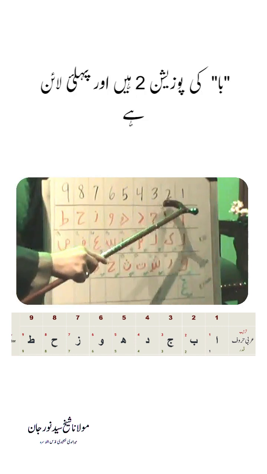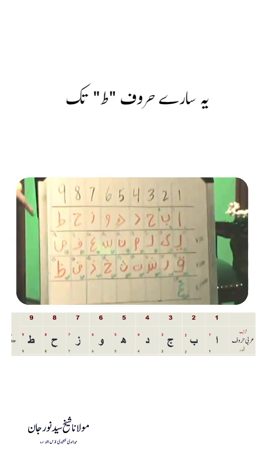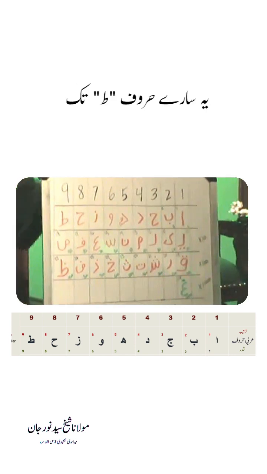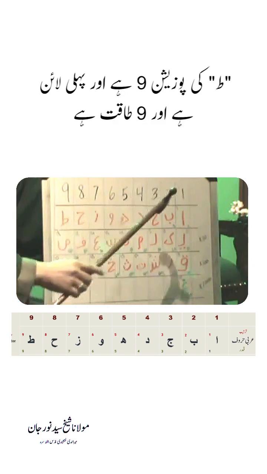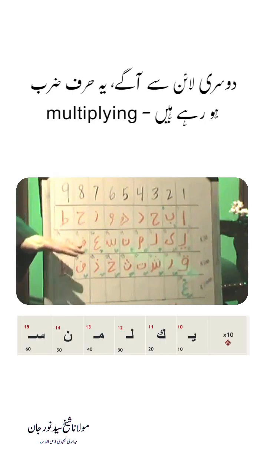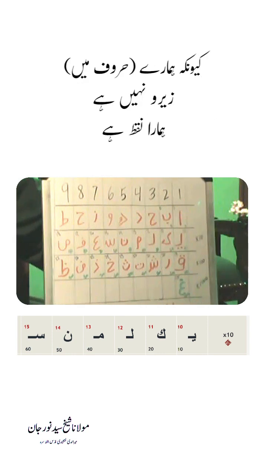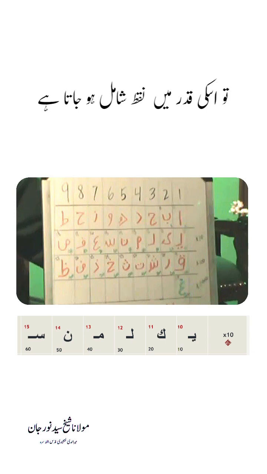Ba is at position 2, first line 2, all the way to ta. Position 9, first line is 9. Second line down, it's multiplied, because we don't have 0, we have nuqt. So now you add a nuqt to the value.